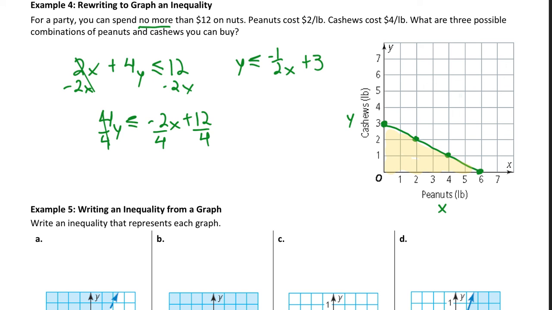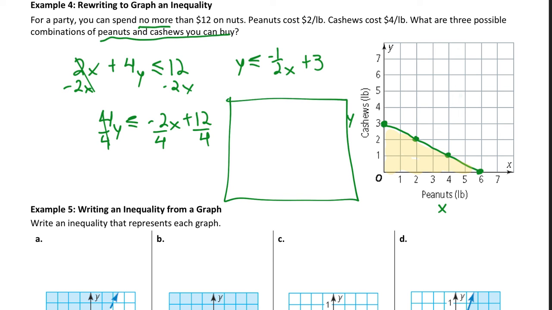So combinations of cashews and peanuts I can buy, I asked for three possible combinations. So I could say 0 pounds of peanuts, 3 pounds of cashews. That's a possibility, right? So that's this point right here on the y-axis.